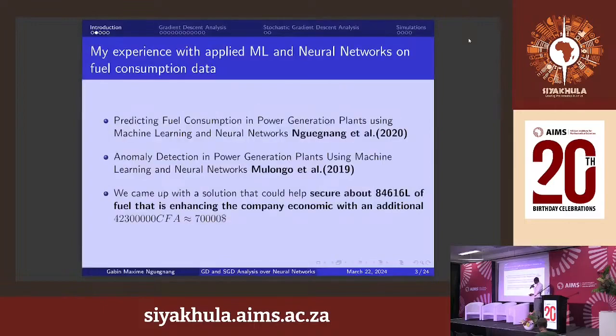I also had the opportunity during my master at Ames to experiment with machine learning and neural networks on fuel consumption data, where we analyzed data from telecommunication base stations and built a model that could help the company enhance its economics by about $70,000 in a very short time.